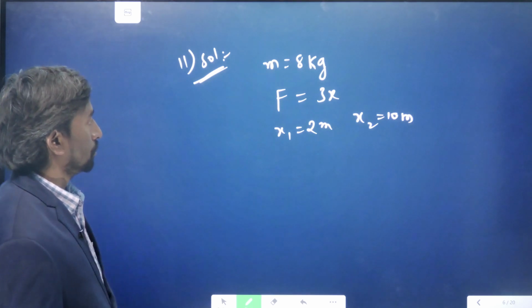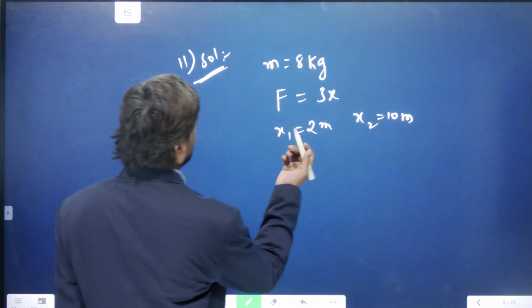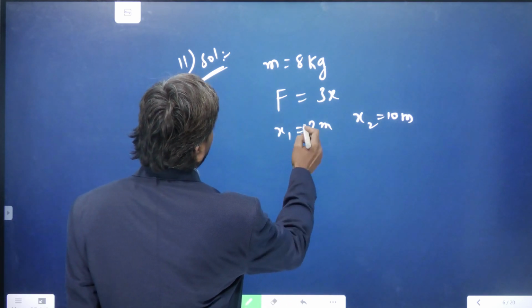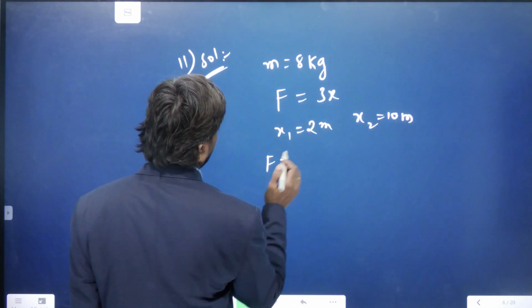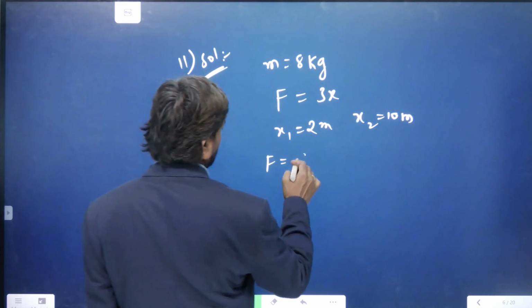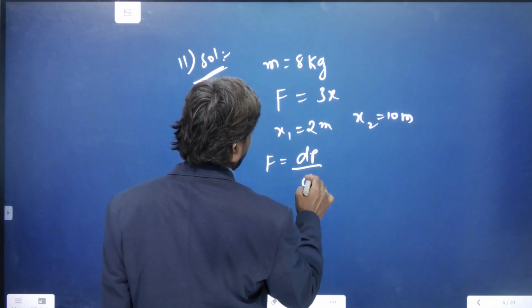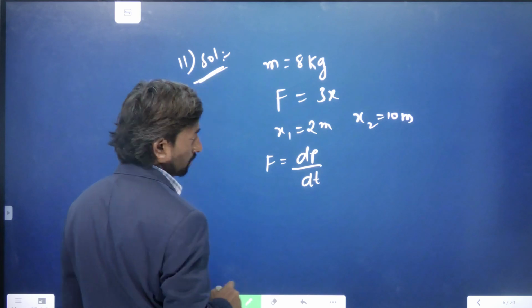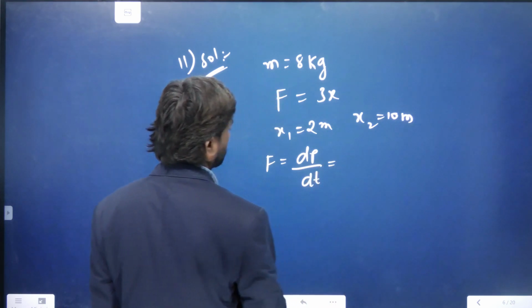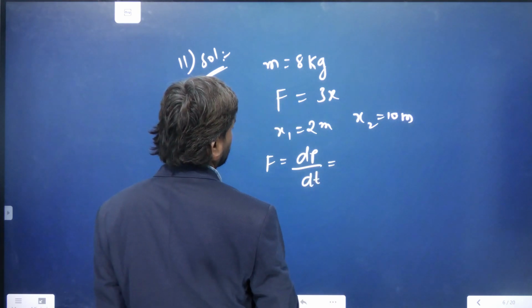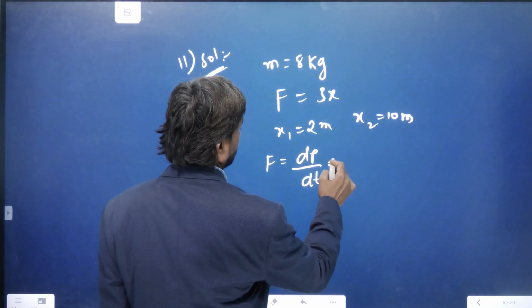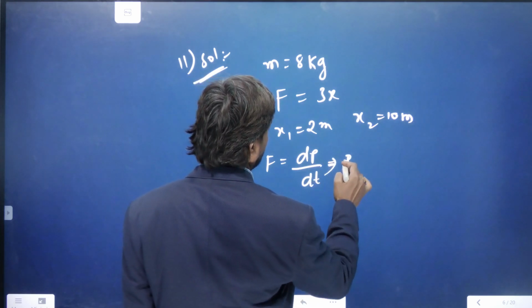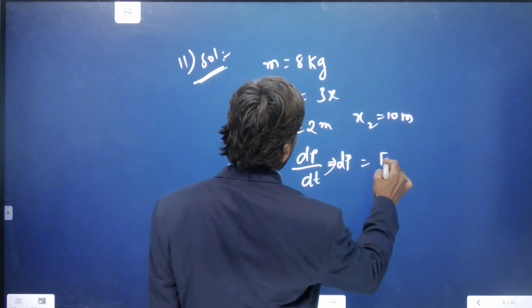Okay, so we can write like this. F is equal to dP by dt. So from this, dP is equal to F into dt.